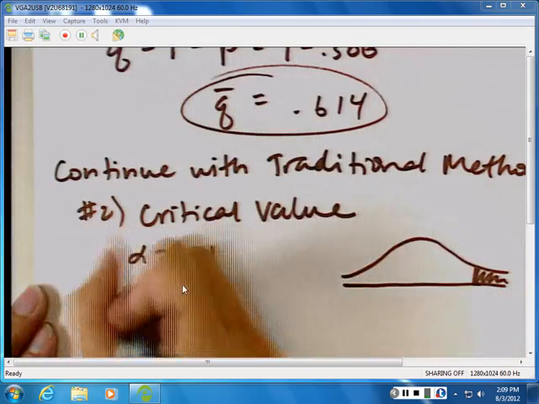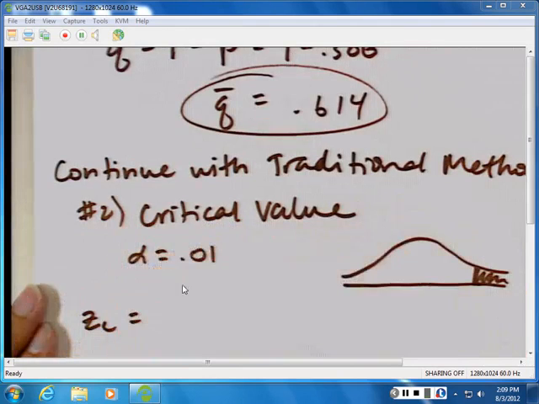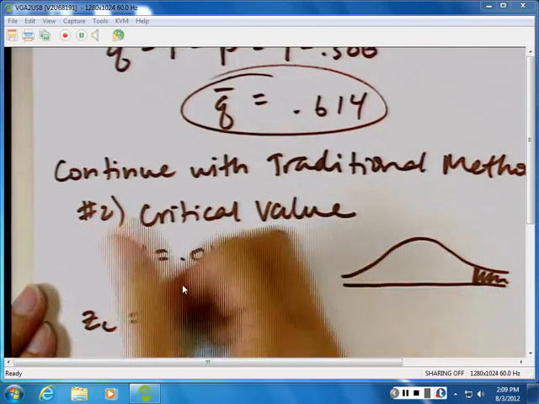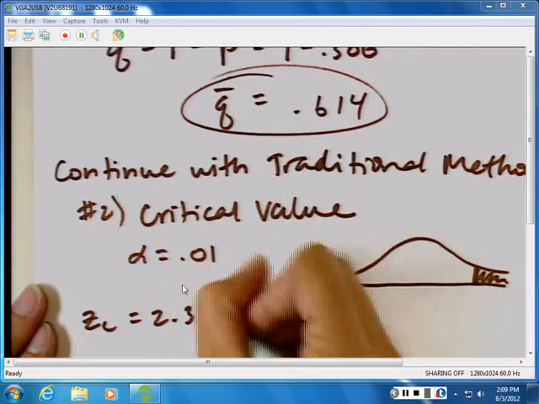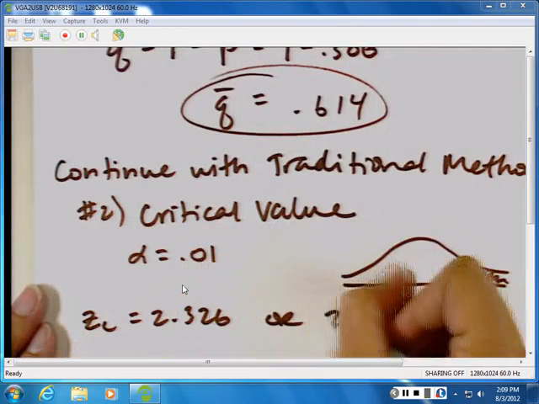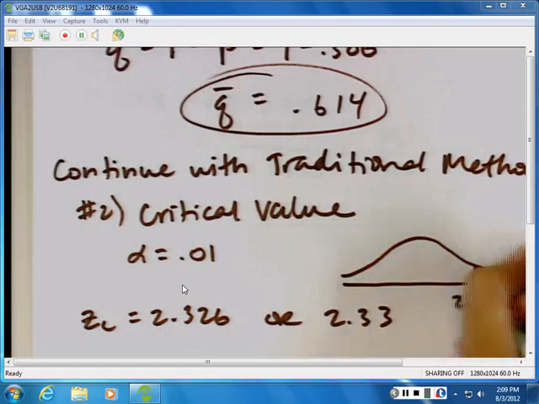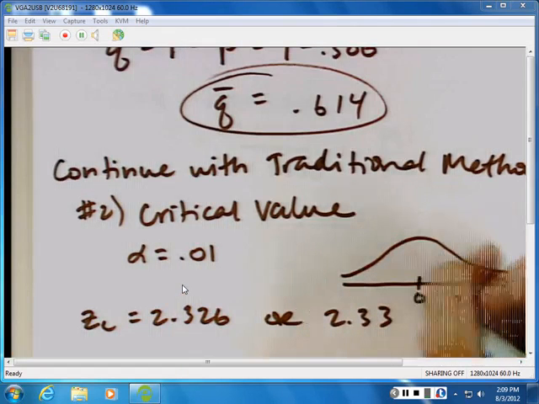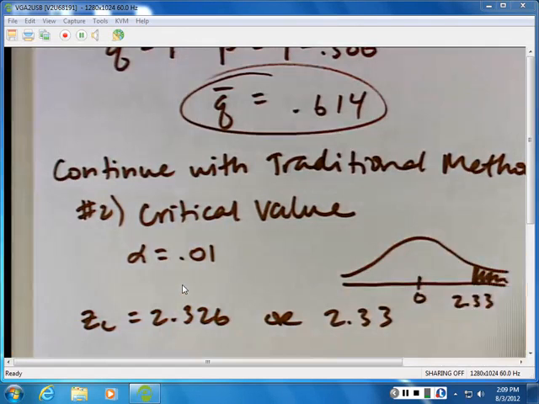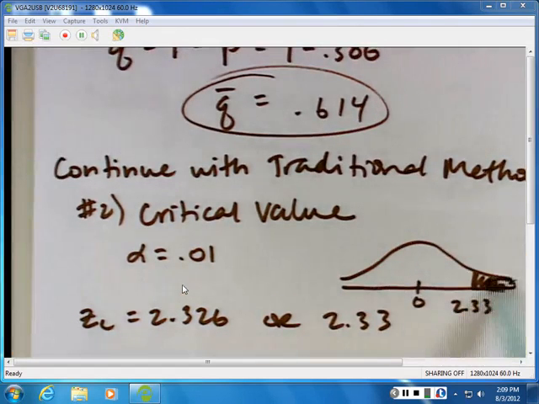So my critical value is positive, because I'm on the right, 2.326, or 2.33 if you want to round. Okay, there's my critical value. So that's right here, 2.33. 0 still in the middle. So in order to reject, I need to be bigger than that. To fail to reject, I would be smaller than 2.33.